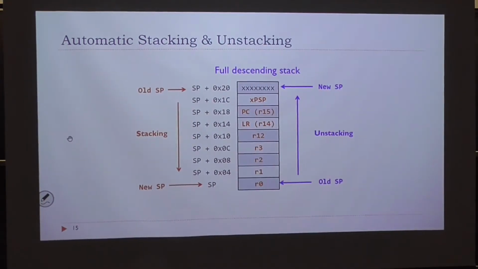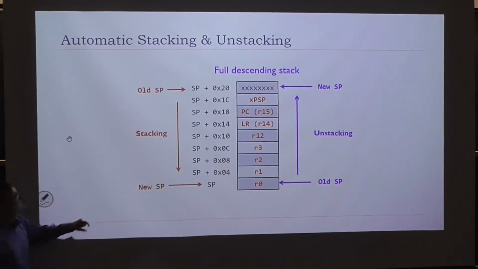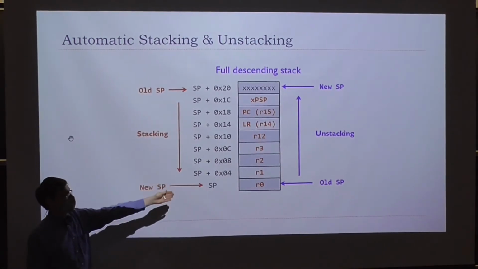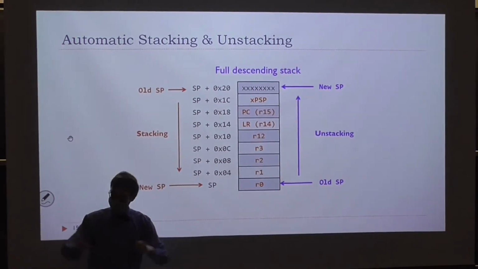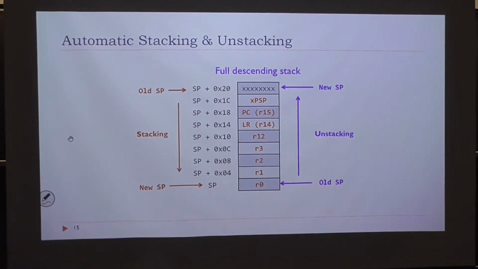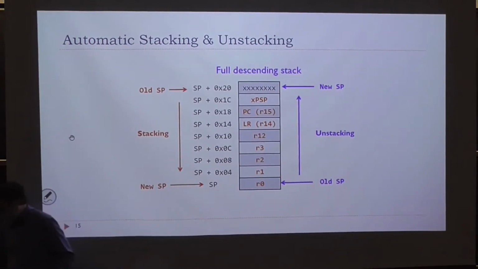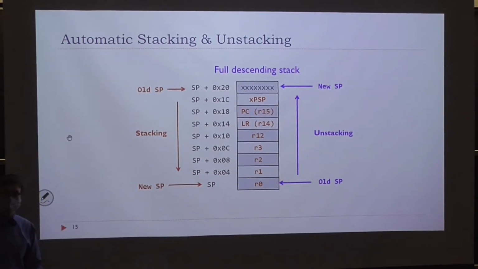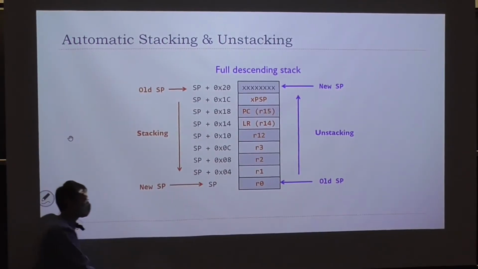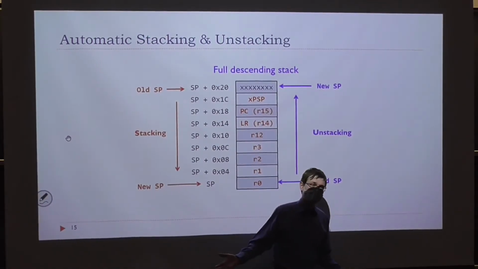Essentially, if we have either of these stacks, MSP, PSP, main stack pointer, process stack pointer, the SP is the stack pointer. What does the stack pointer do? It points to the current stack frame, right?